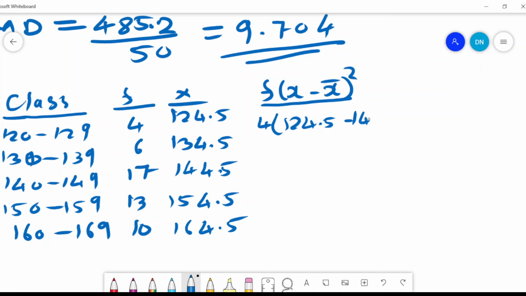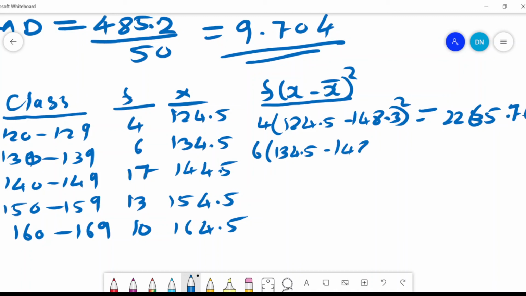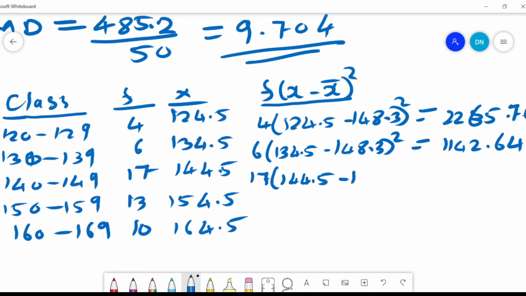Remember, for this it is f times x minus x bar squared, so this is 4 times 124.5 minus 148.3 squared, and that will give me 2265.76. The second value is 6 times 134.5 minus 148.3, you square, and that will give me 1142.64. The third one is 17 times 144.5 minus 148.3, you square, and that will give me 245.48.